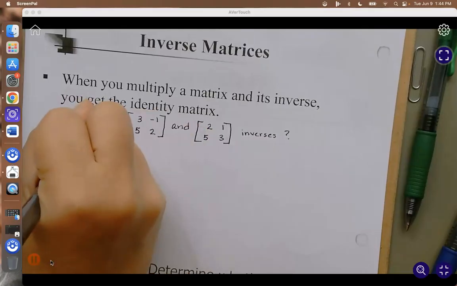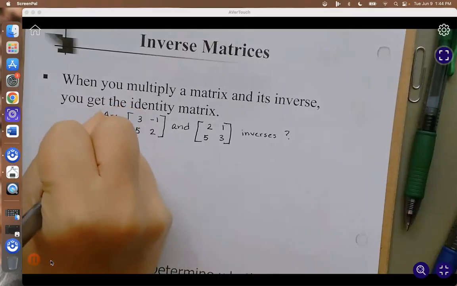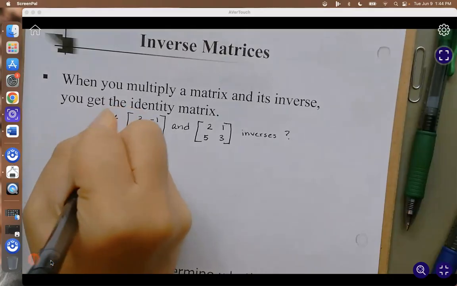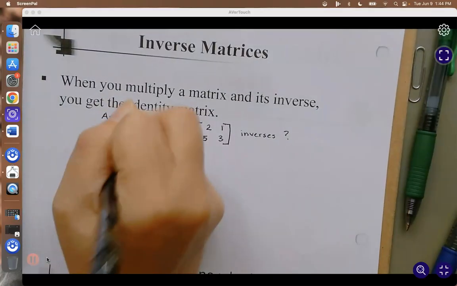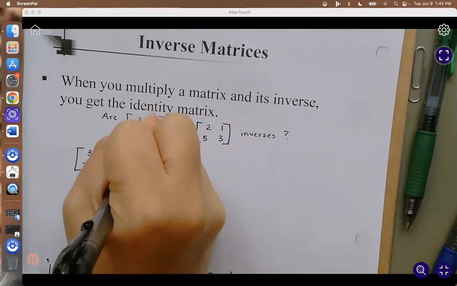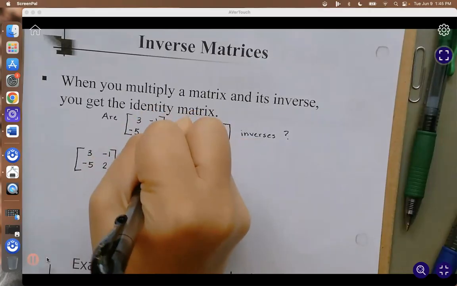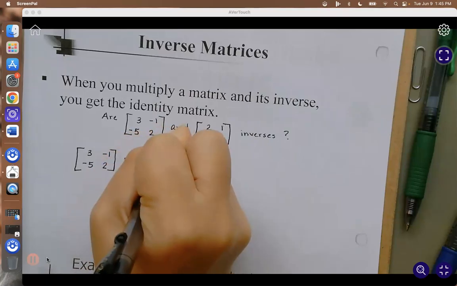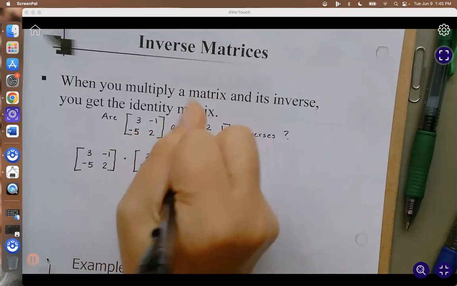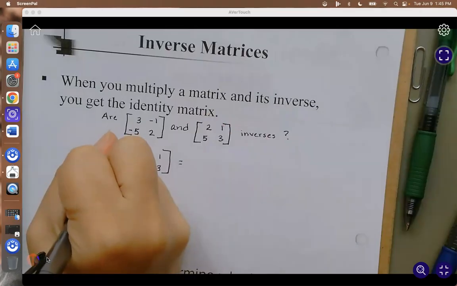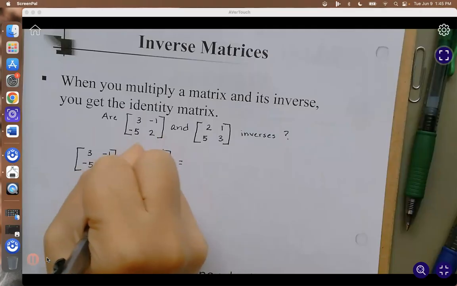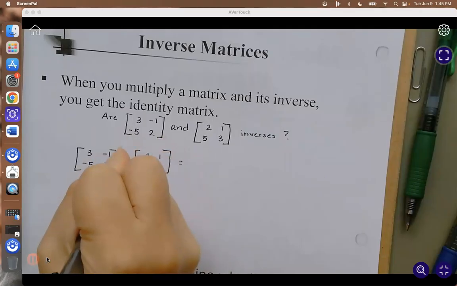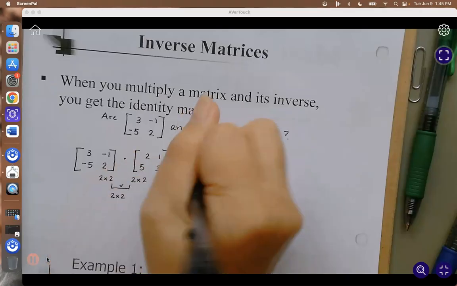All right, so here we go. Times the 2, 1, 5, 3. Now, this is 2 by 2. This is 2 by 2. Those match, so that means this will work. And we will get a 2 by 2 answer.